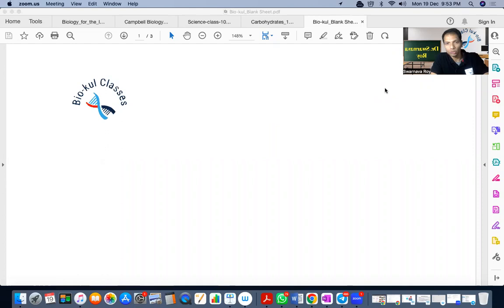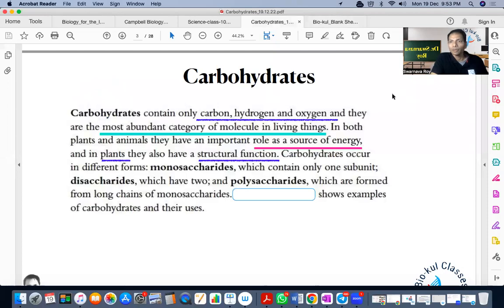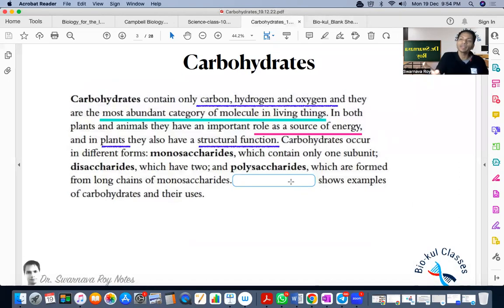Today's topic is carbohydrate. Carbohydrate is a type of biomolecule. Today we will learn what are carbohydrates, what are polysaccharides, how to draw the structure of glucose, and how to draw the structure of fructose, what are disaccharides, what are anomeric carbons.